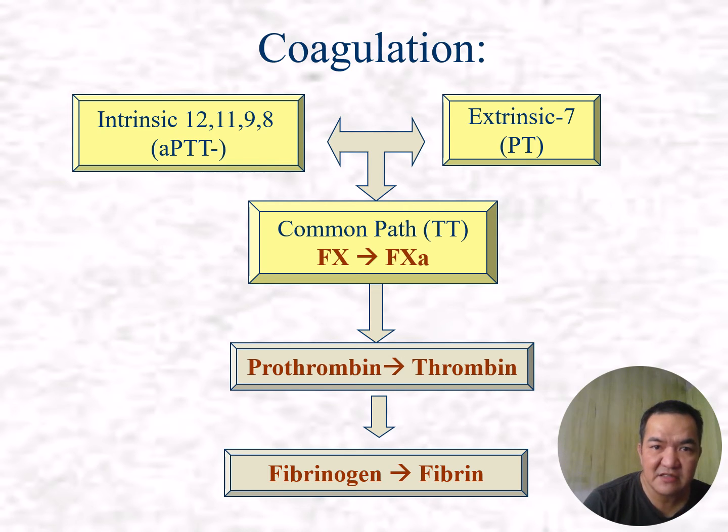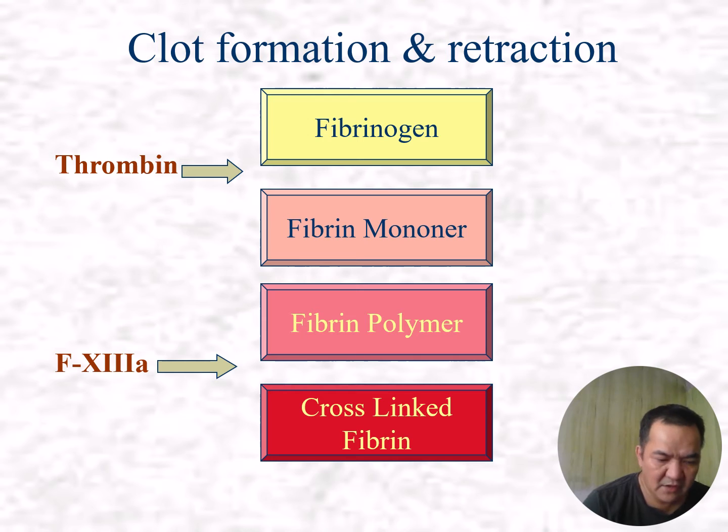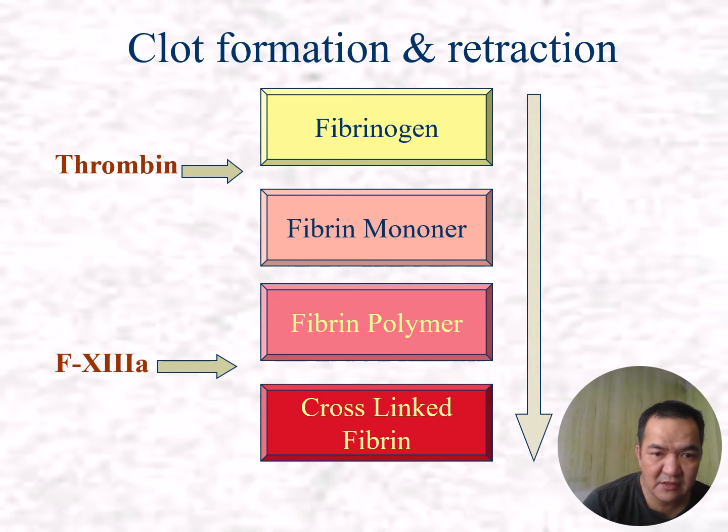Fibrin is necessary to form the supporting structure for the platelet plug. The clot that is formed from the platelet plug plus the activated fibrinogen is stabilized by clotting factor number 13, resulting in cross-linked fibrin fibers with the platelet plug.